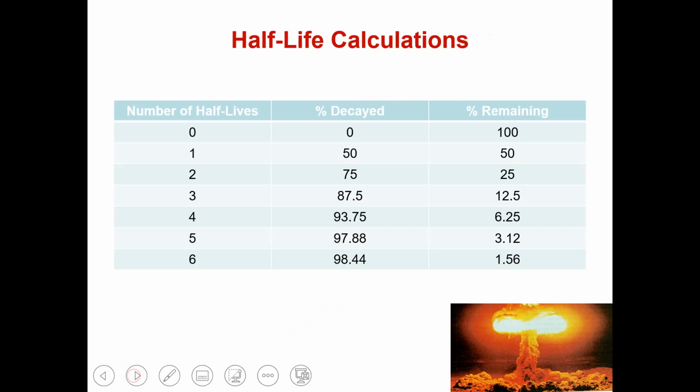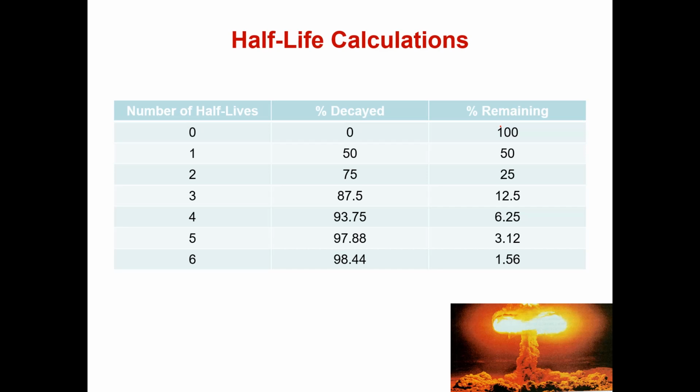So let's take a look at some examples here. And before we do that, let's look at what a half-life actually means in terms of how much of our substance is left. So if we start at the very beginning, before any of whatever substance we have has started decaying, none of it has decayed yet, and we have 100% remaining.